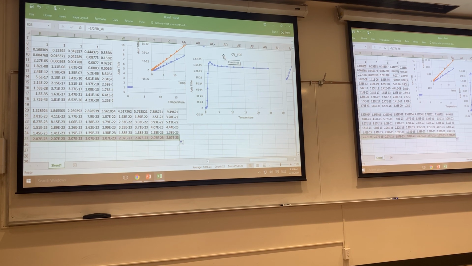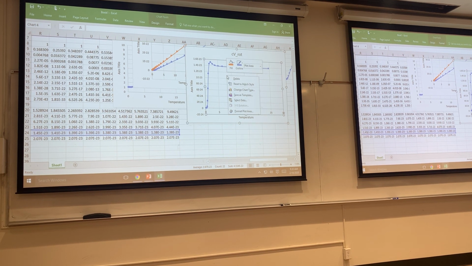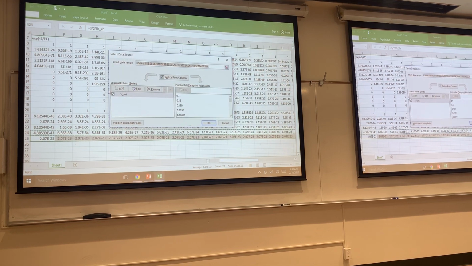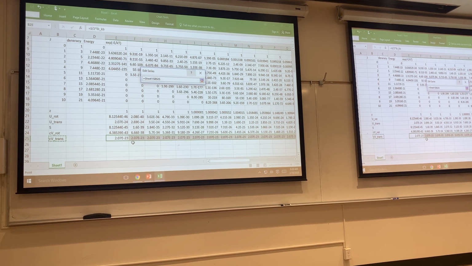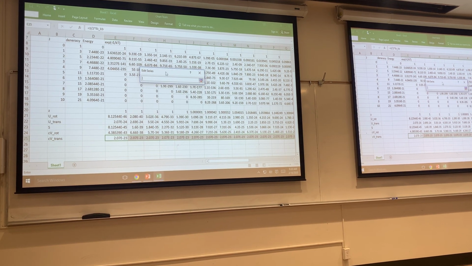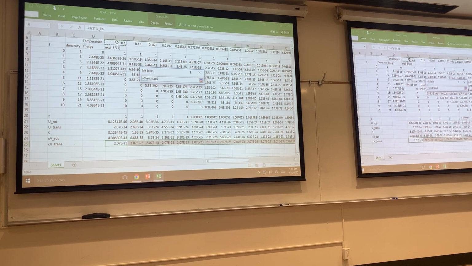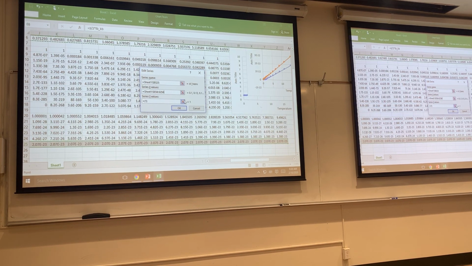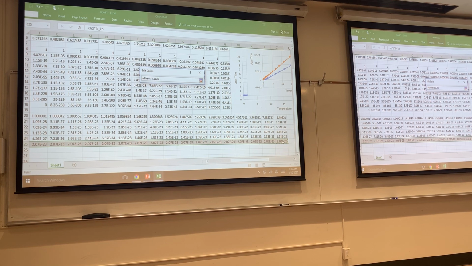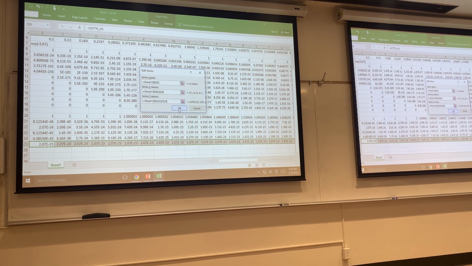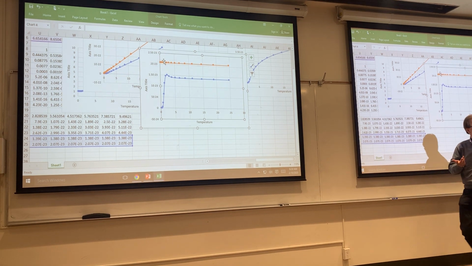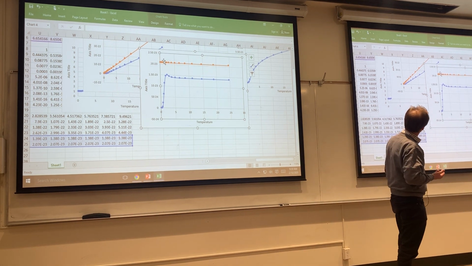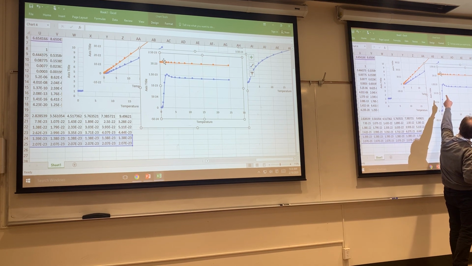So I'm looking at my rotational temperature over here. Then I can add another line, and I'm really interested in the translational now, and the x values are up here, and the y values are down here. And okay. So, if I'm looking at the heat capacity for translation, the heat capacity is up there.